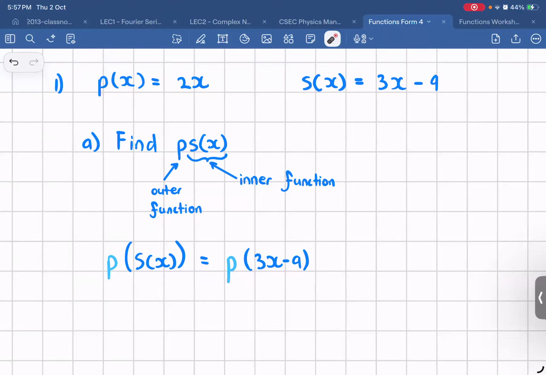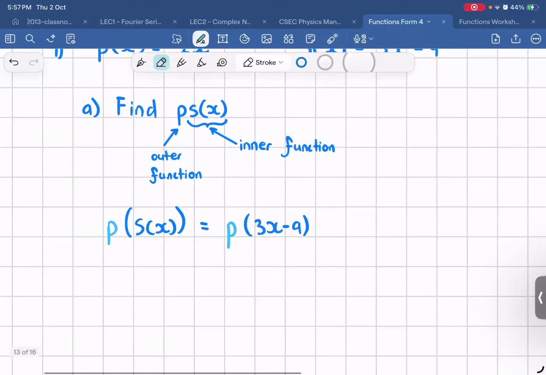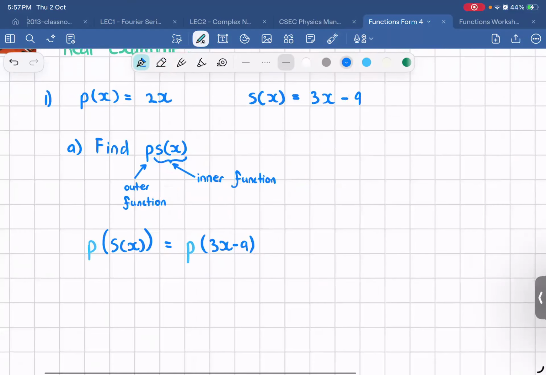Yes, sir. So guys, stay with me. If you're starting to feel lost, tell me. I don't want anybody to feel lost. So look what I'm going to do now. I'm going to write P of 3x minus 9. And anywhere you see x, you have to replace x with what?